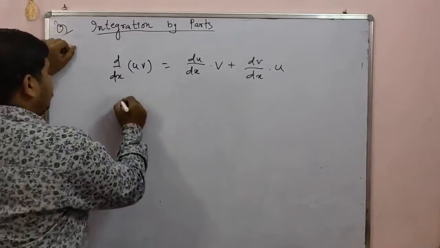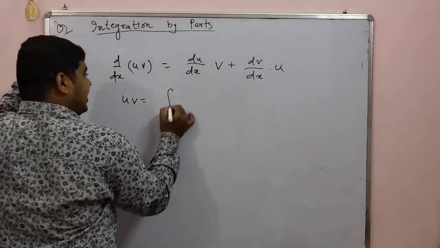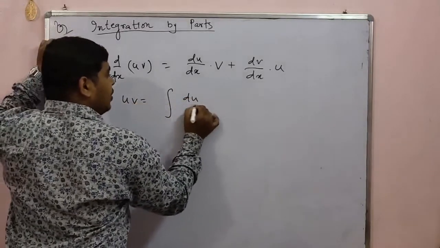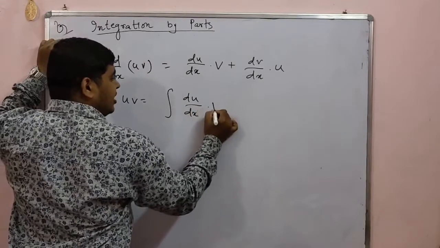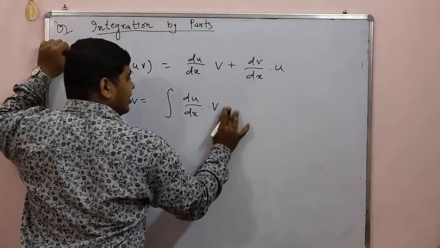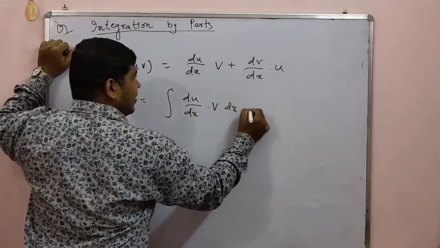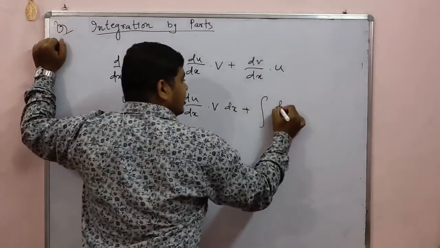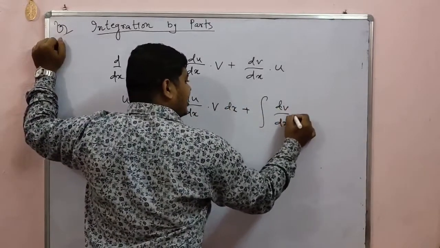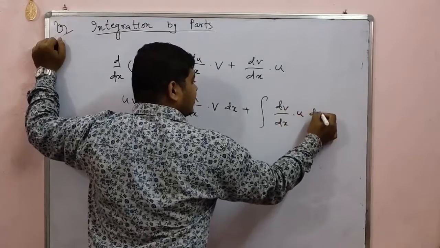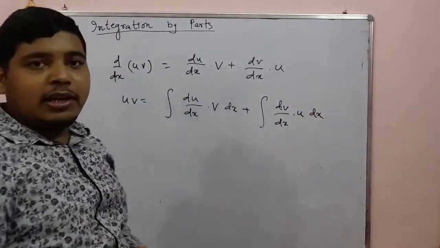So uv is equal to integration of du by dx into v dx plus integration of dv by dx into u dx.